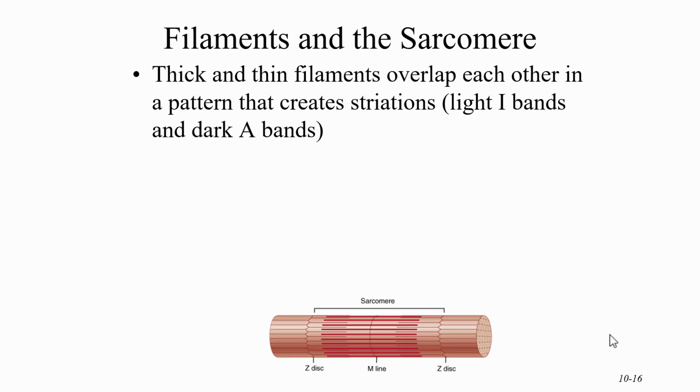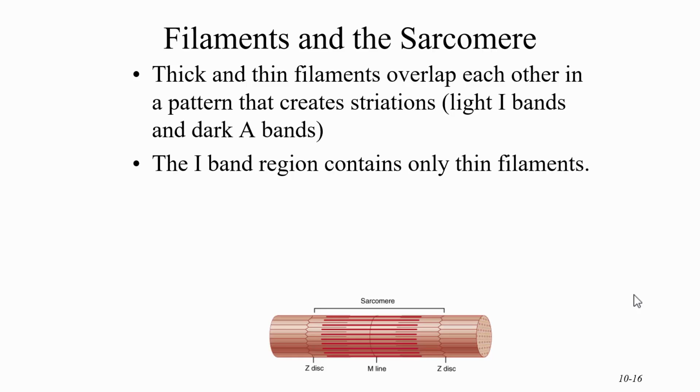Now, the thick and thin filaments overlap each other in a pattern that creates the stripes or striations. The light areas are going to be the I bands, and the dark areas are going to be the A bands. Like, for instance, from here to here would be an example of an I band. From here to here, this area would be an example of an A band.